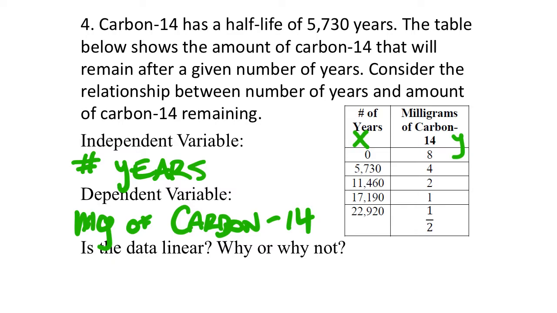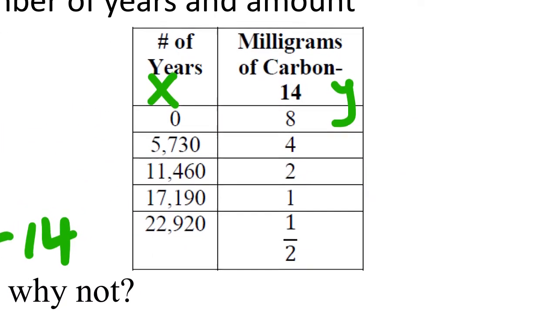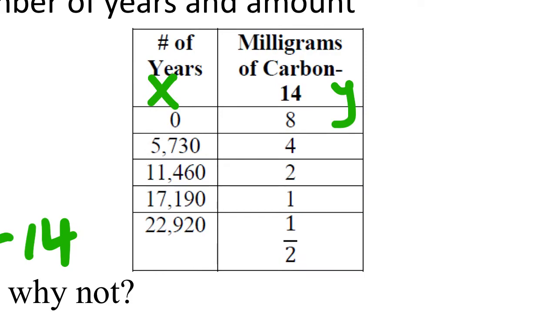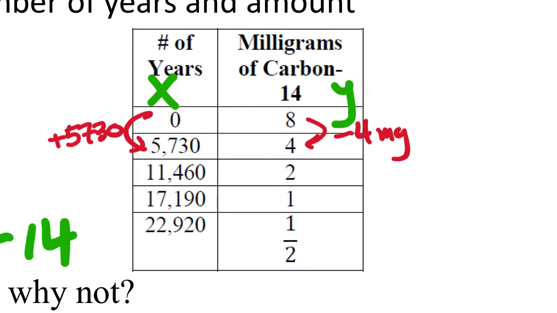Well, then we just got to see if this is linear or not. Let's see. So we'd say, okay, you got 8 to 4 milligrams. That means it goes down 4 milligrams right there, okay? And you're going to increase the years by 5,730, okay?